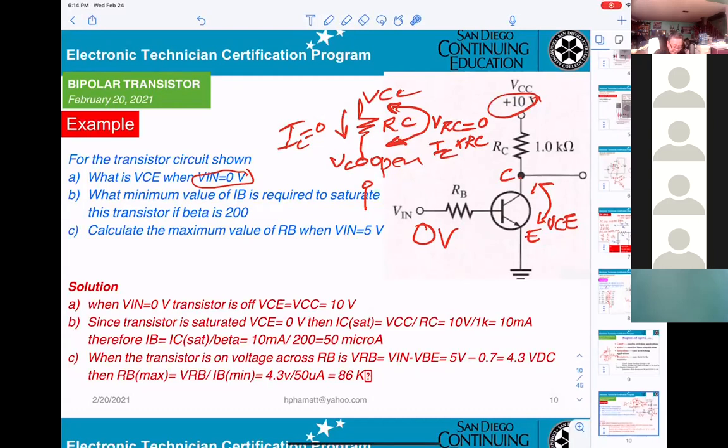Since the transistor is saturated, that tells you VCE equals 0. Then IC saturation equals VCC divided by RC, 10 volt divided by 1K, you get 10 milliamp. Can you follow that?